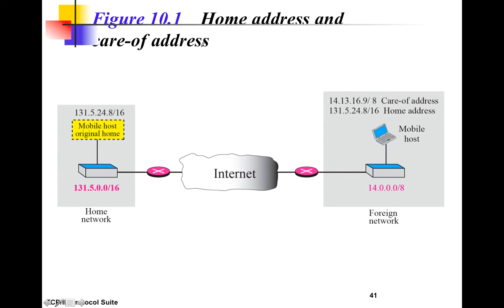In mobile IP, every device will belong to one network permanently, and this network is called the home network.